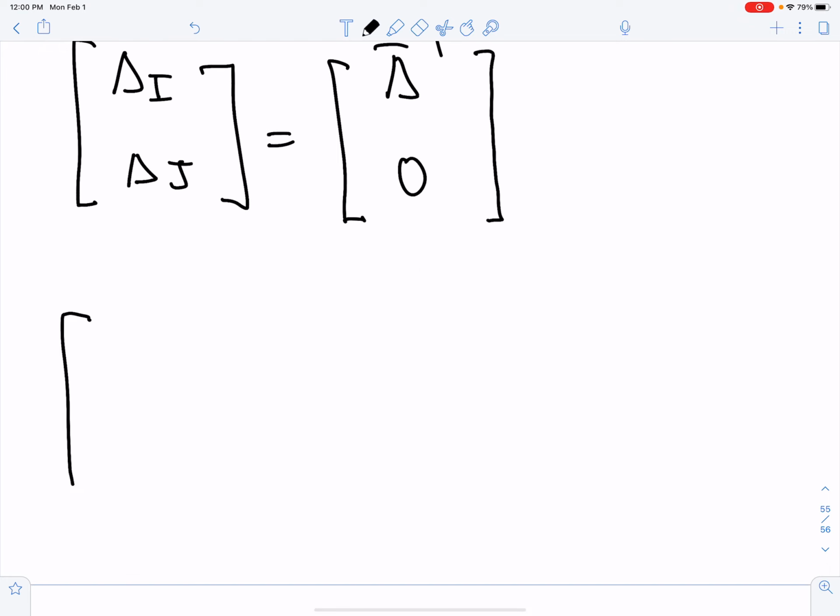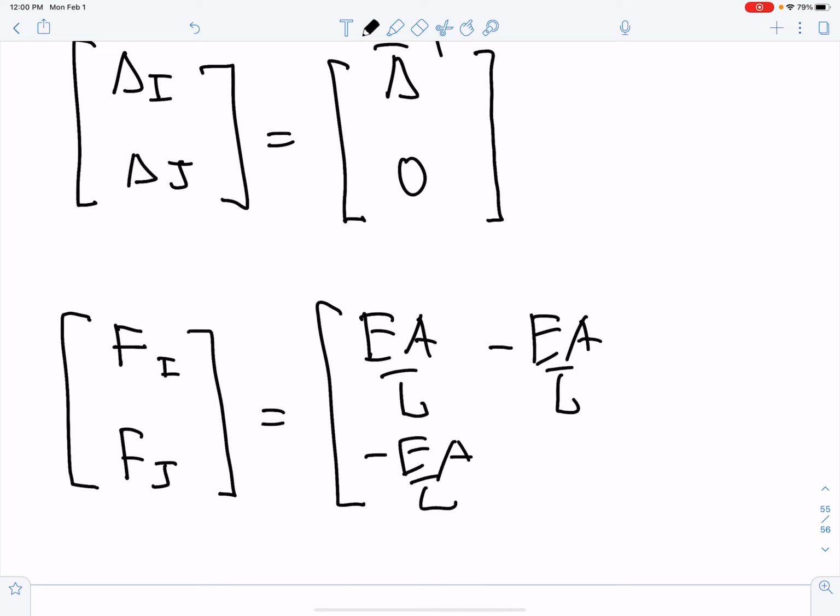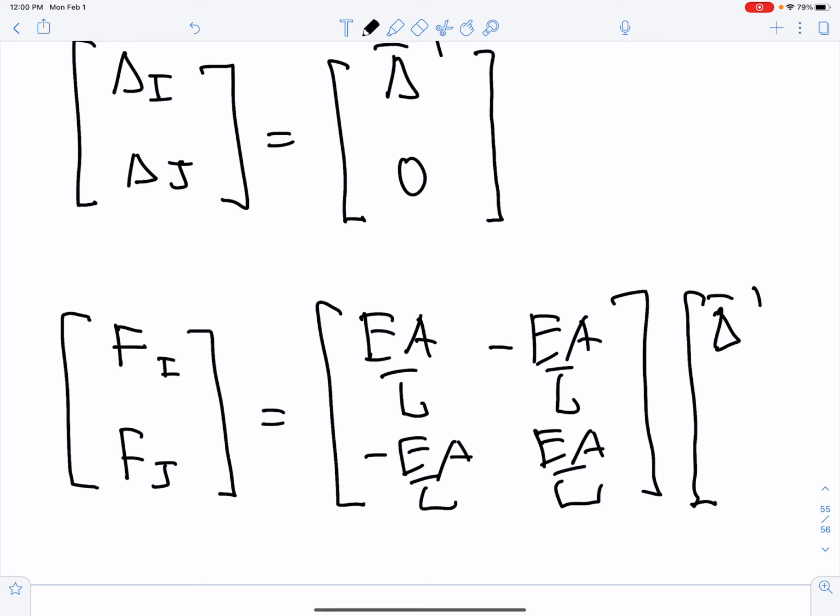In that case, Fi and Fj become EA over L, minus EA over L, minus EA over L, EA over L, times delta bar prime, 0.